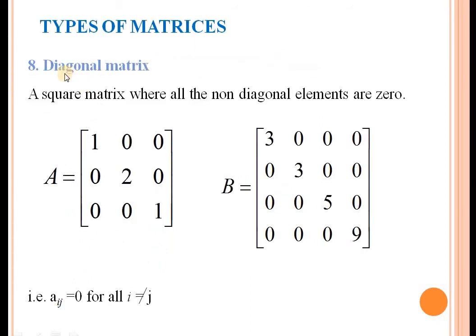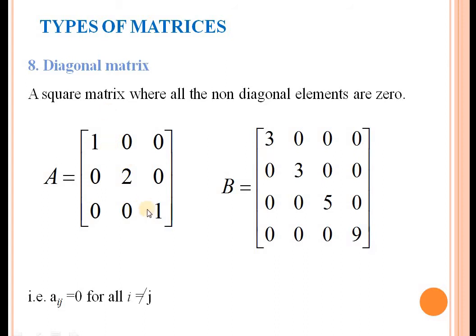Now next type is diagonal matrix. So what is a diagonal matrix? A square matrix in which all non-diagonal elements, or off-diagonal elements, are 0. So Aij is equal to 0 for all i not equal to j.